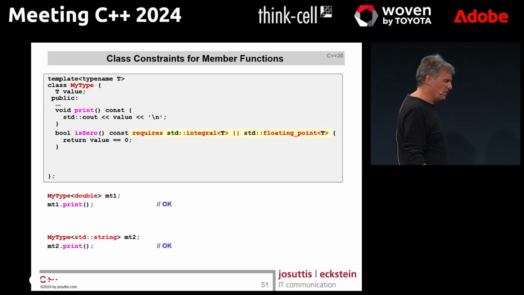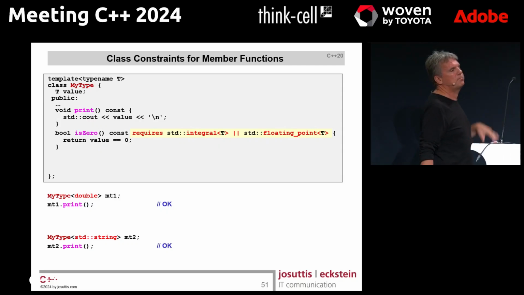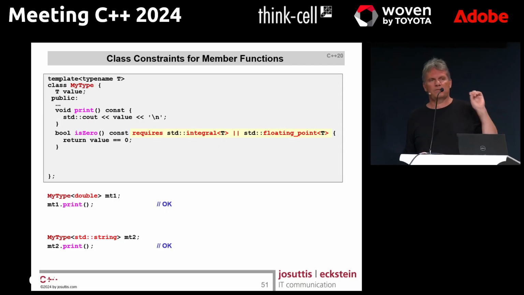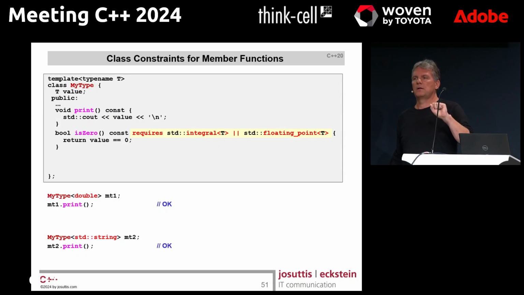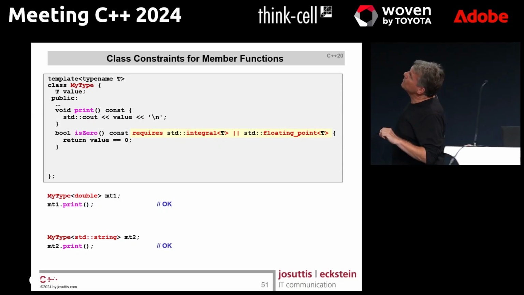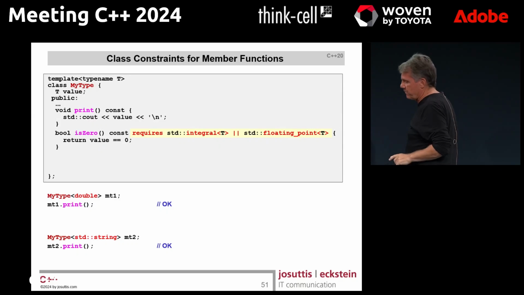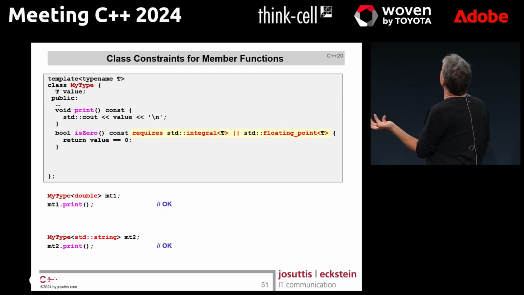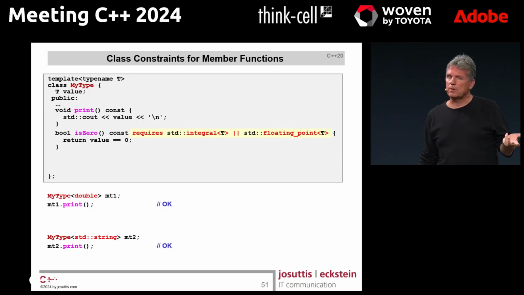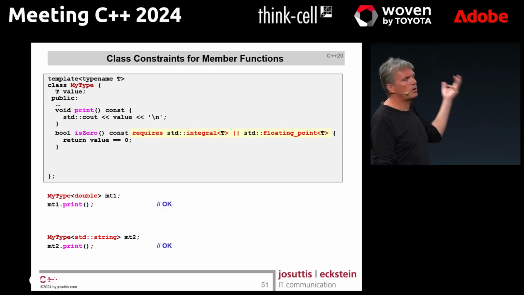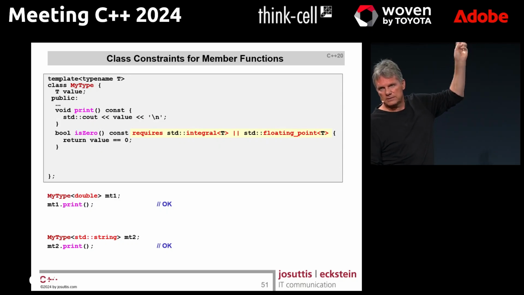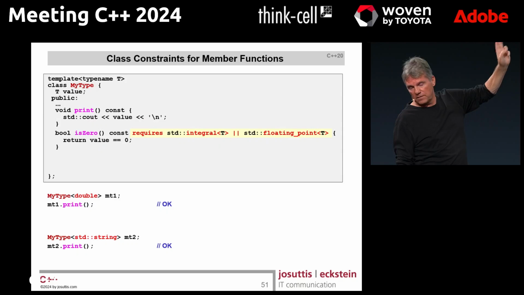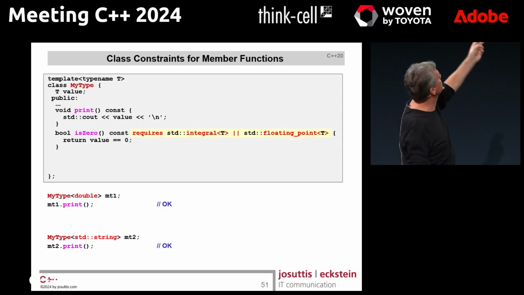You can specify member functions with a constraint applied to the class template parameter. So that way you can say, for example, I only have a member function is 0 if my type is either integral or floating point. These are two standard templates, standard concepts, sorry.